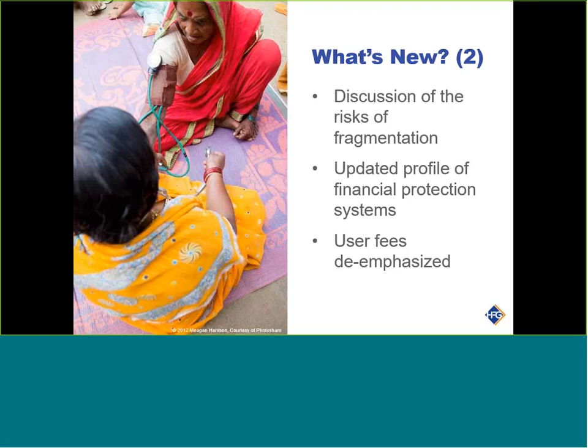Where there's greater fragmentation, problems like adverse selection tend to be more acute, and high-risk groups are more likely to be excluded from coverage. The tool also looks at whether enrollment in a financial protection system is compulsory or voluntary, and it encourages the team conducting the assessment to review carefully whether those with nominal coverage, those who are on paper enrolled in insurance, are actually getting financial protection, are actually protected from the risk of impoverishment due to the cost of care, and whether they are actually utilizing services.